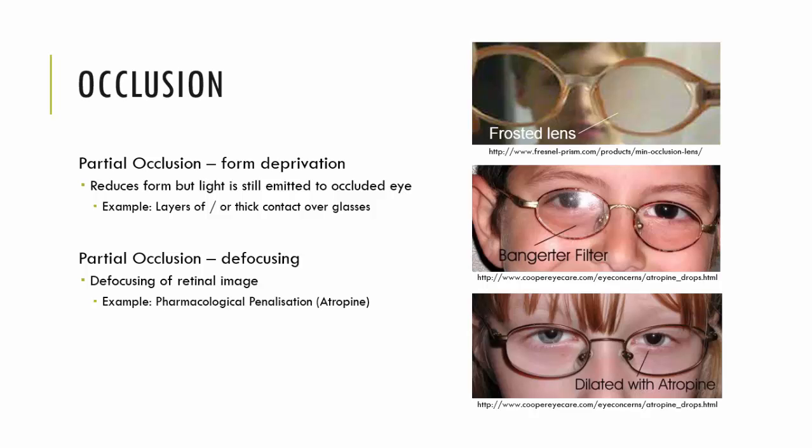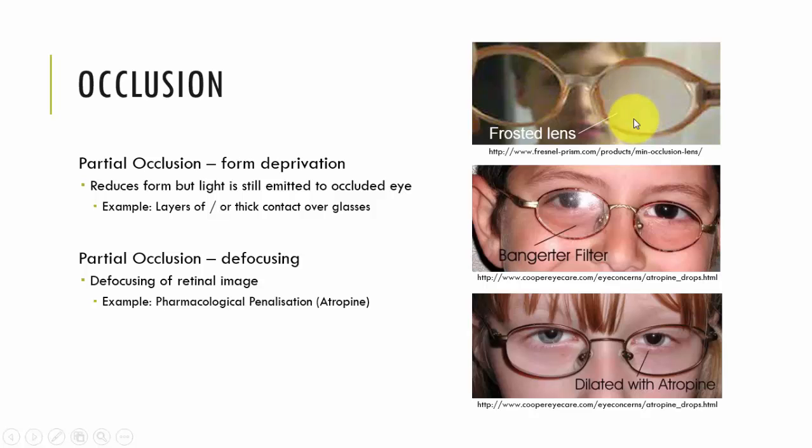Now, the distinct difference between total occlusion and partial occlusion is that total occlusion forces the patient to use the amblyopic eye. They have no other option but to fix with the amblyopic eye, and visual acuity will improve through that mechanism. Partial occlusion, on the other hand, relies on reducing the visual acuity through either form deprivation or defocusing.